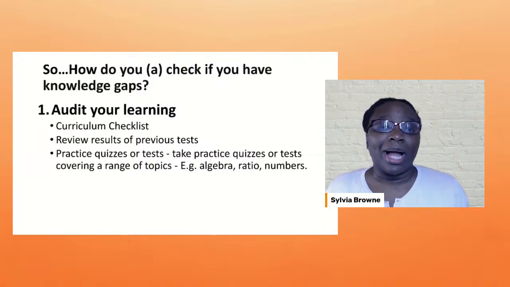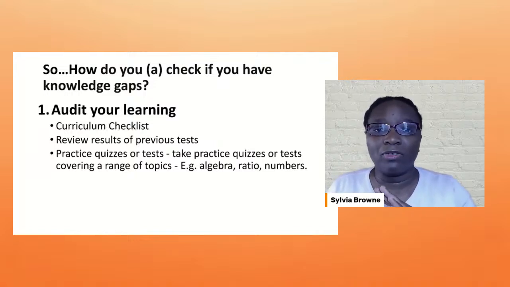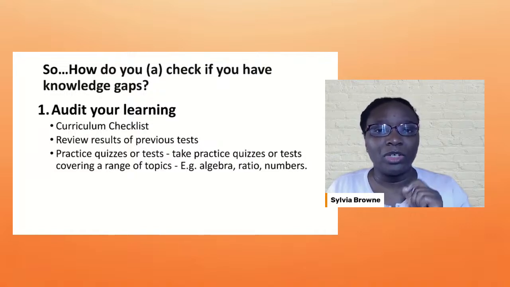They can also, at home, in their own time, do practice quizzes and tests, right? So if you've finished a unit, you can just flick through your book. There are lots of mini tests, mini practice questions that you can do there. And from doing so, you can start to identify, oh, these are the areas that I'm not good at.